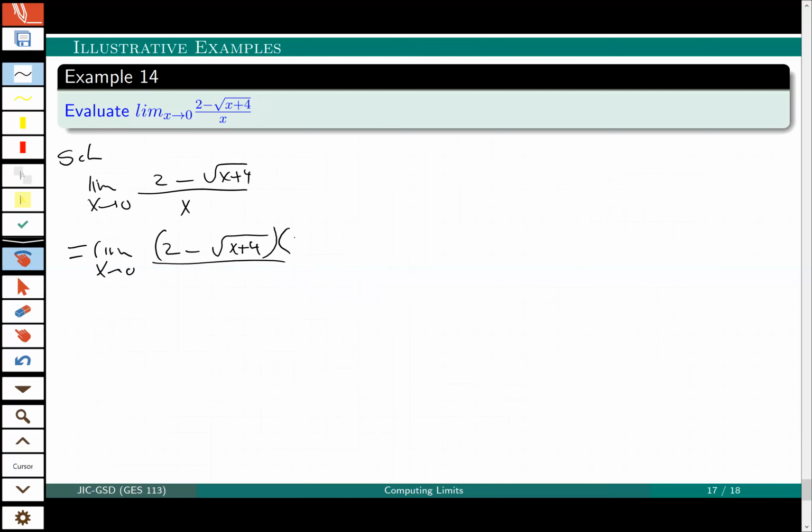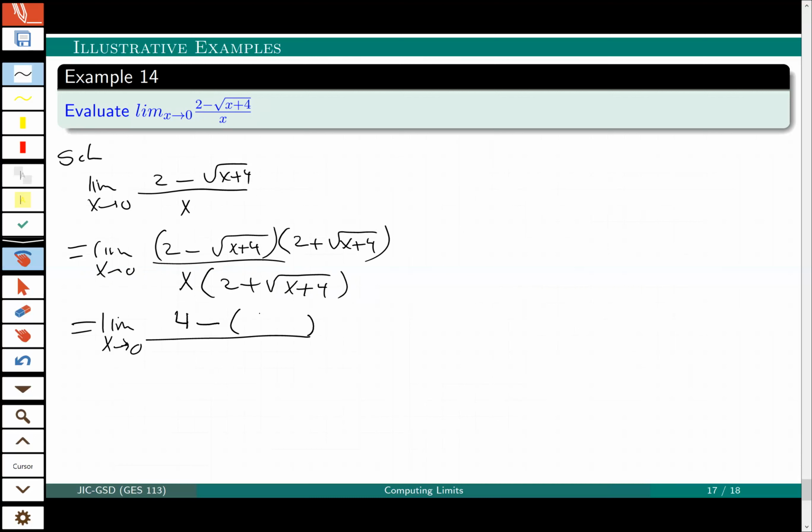When we multiply it by the conjugate 2 plus root x plus 4, this is x times 2 plus root x plus 4. So that will be equal to the limit when x goes to 0. Square of the first is 4 minus square of the second, which is x plus 4. This bracket is a must, otherwise you will make a mistake.